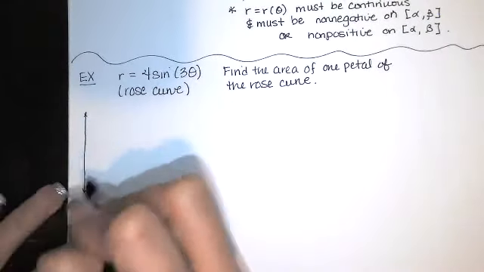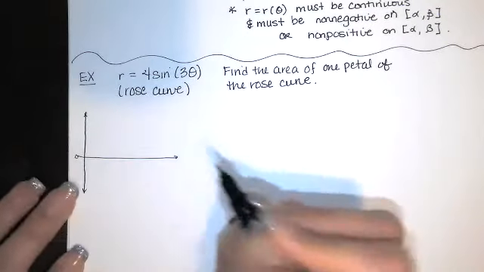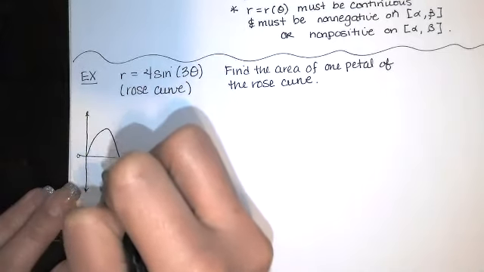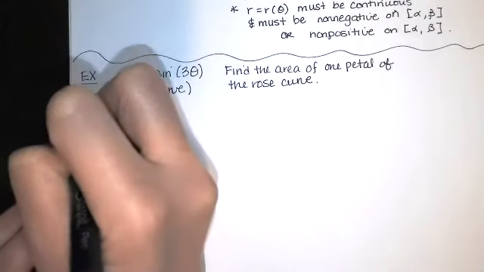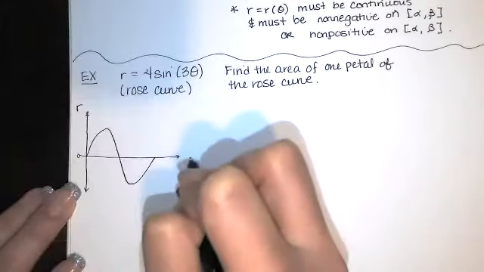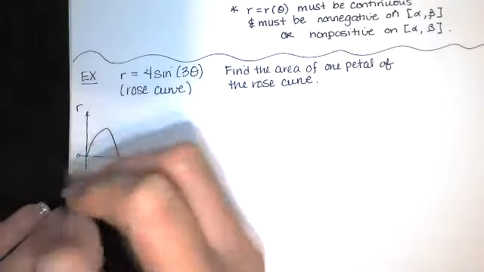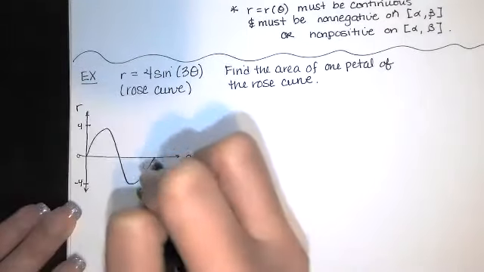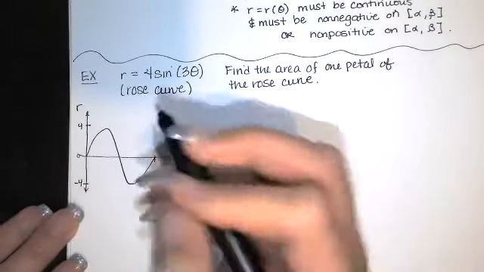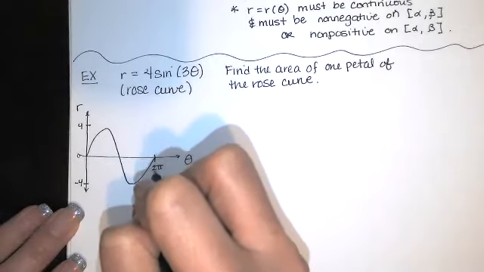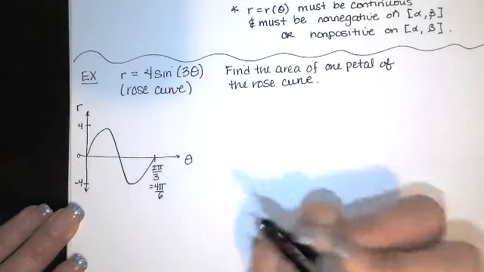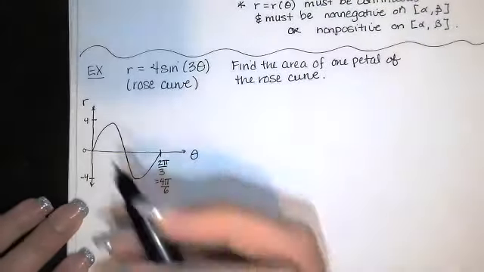So if we want to graph this rose curve, the first thing I would do is graph r as a function of theta. So here's r versus theta. The amplitude of my sine function is 4, so we go from -4 to 4. The period is 2 pi over 3, or we could call that 4 pi over 6. And all the interesting things happen at 1/4 of the period.